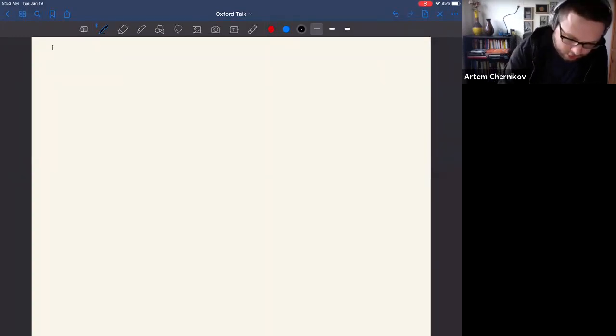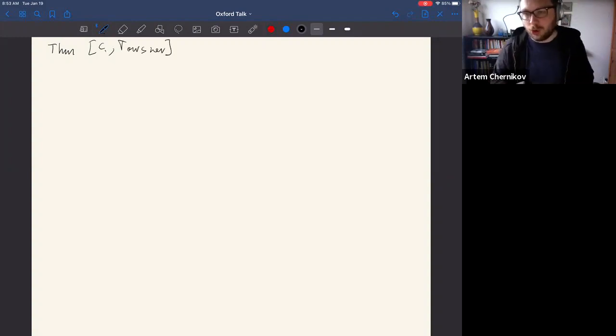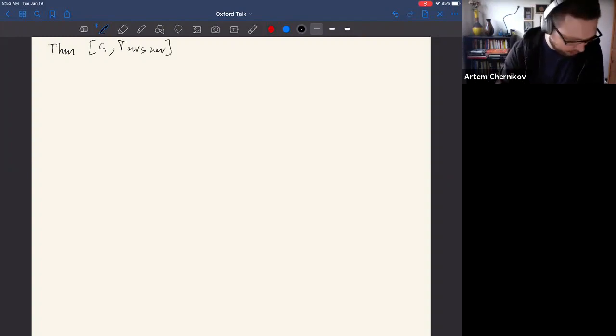So we have the following result, which I guess we view as a weak variant of this epsilon nets for symmetric differences that I have discussed earlier. So we have that for any natural numbers k and d and any positive real number epsilon, there exists some n which satisfies the following.